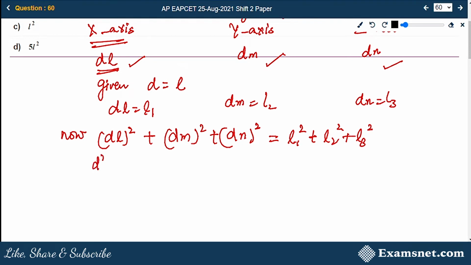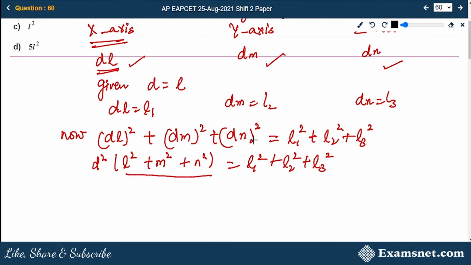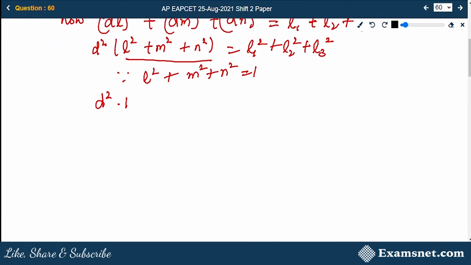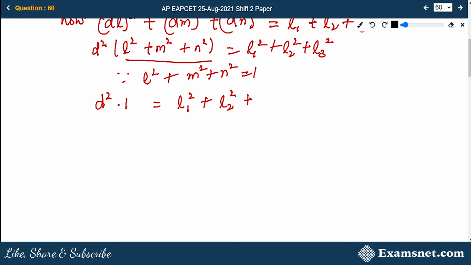Take the d square common from here. This is l square plus m square plus n square is equal to L1 square plus L2 square plus L3 square. This l square plus m square plus n square is equal to 1. Therefore d square into 1 is equal to L1 square plus L2 square plus L3 square, right?